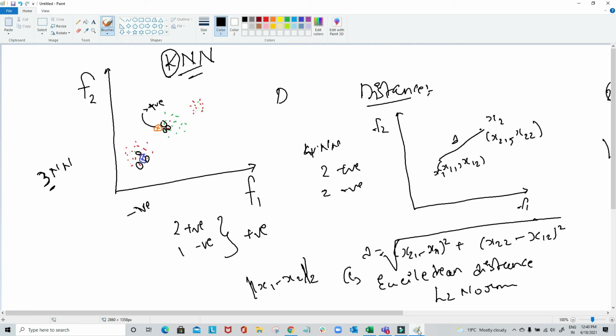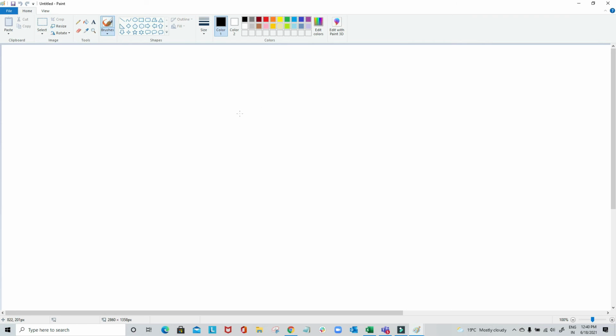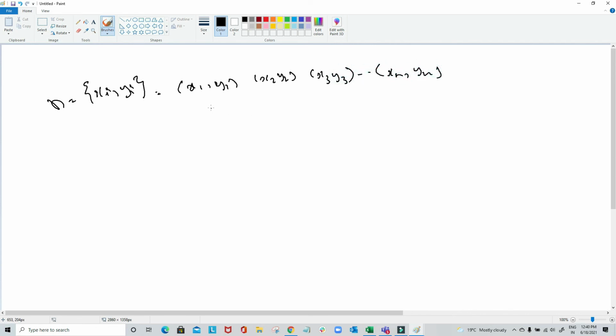To reiterate, in a classification setting, if we have a data set D with data points xi and its labels as yi, then for the data points x1 y1, x2 y2, x3 y3, so on to xn yn, we pick the k nearest points, and we pick the majority vote between the yi's.